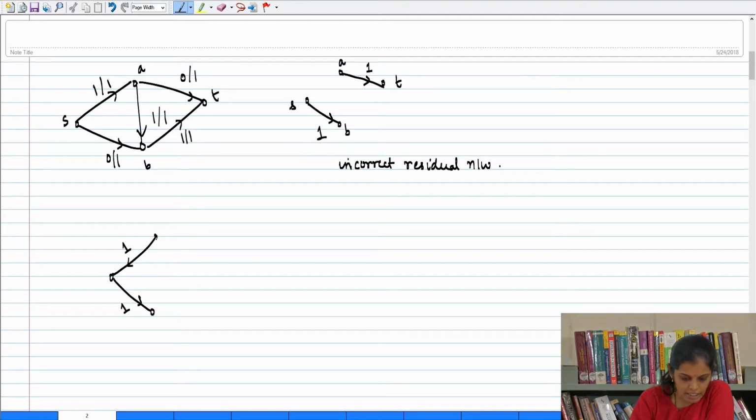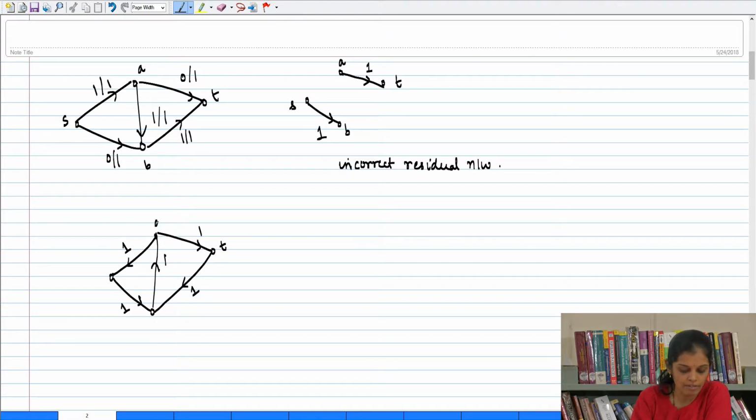What about the edge A to B? It has a flow of 1, so it will not be there, but there will be an edge from B to A, which will have a capacity of 1, right.